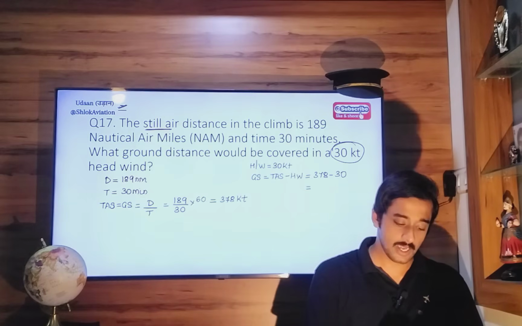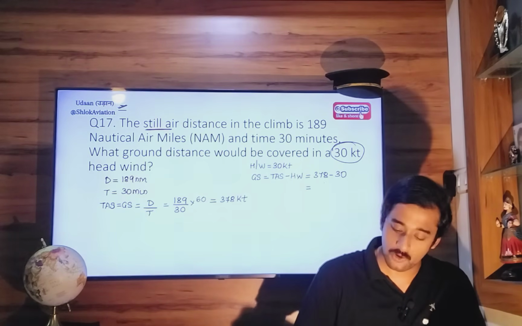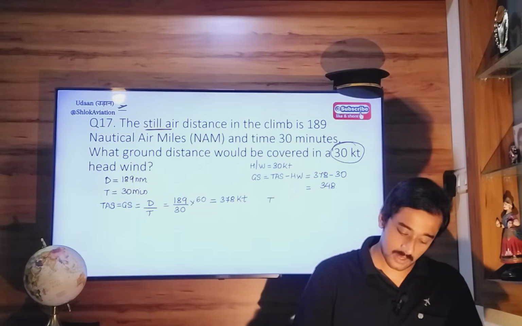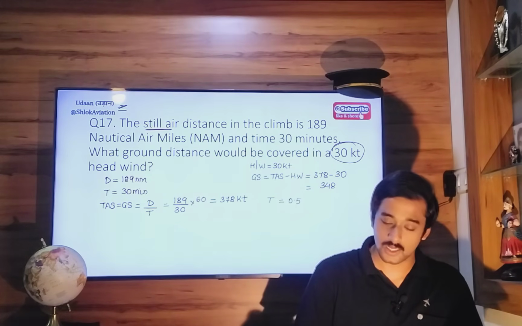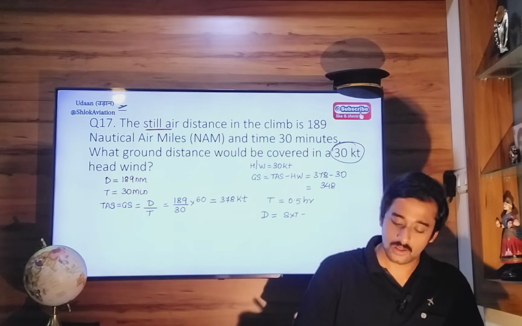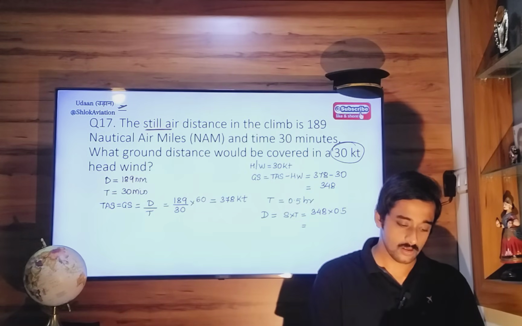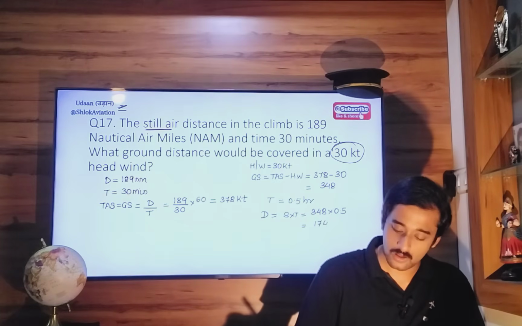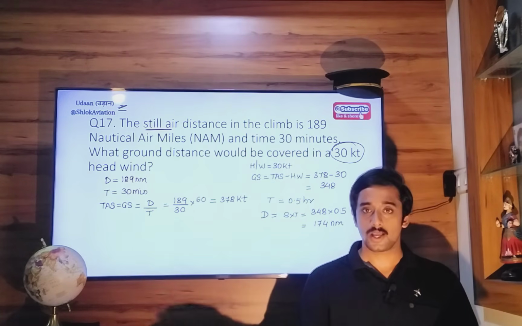So, 378 minus 30 is 348. Time is going to remain the same, 0.5 hours, 30 minutes. So distance now will be speed into time. So 348 into 0.5 is 174 nautical miles.